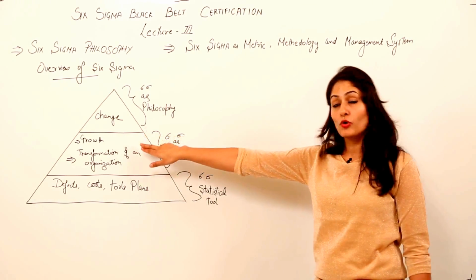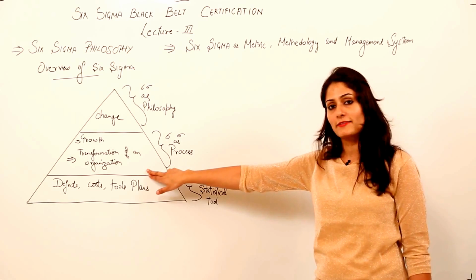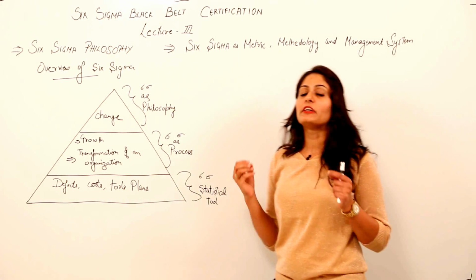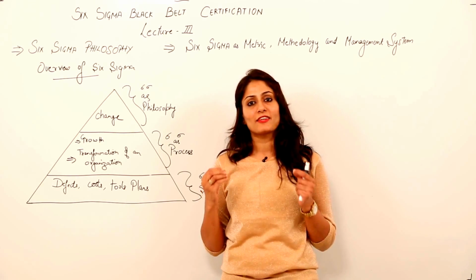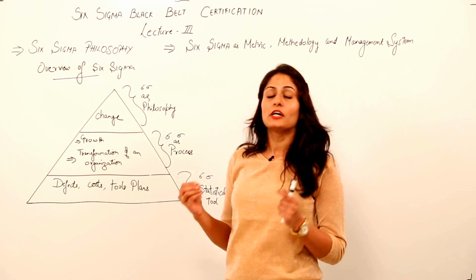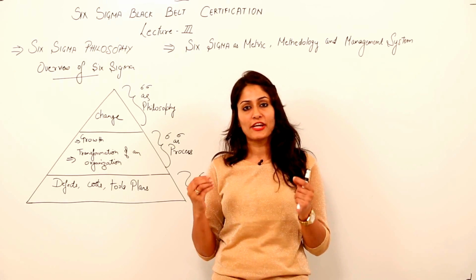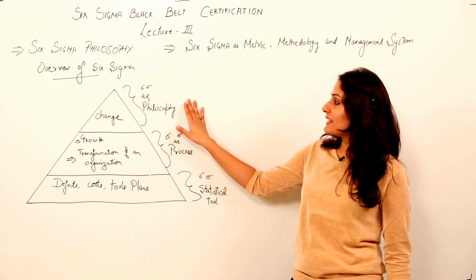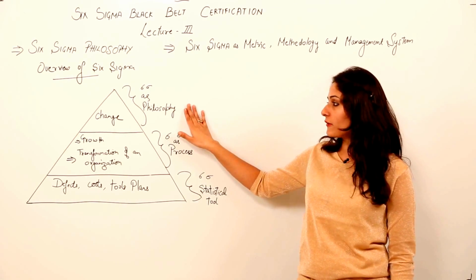When we talk about growth, transformation of an organization, we talk about Six Sigma as a process. Here we use DMAIC process improvement model and techniques to bring down the defects and variation in our products and services.